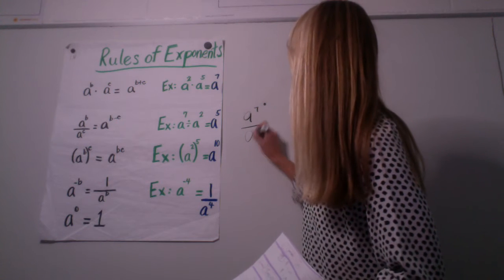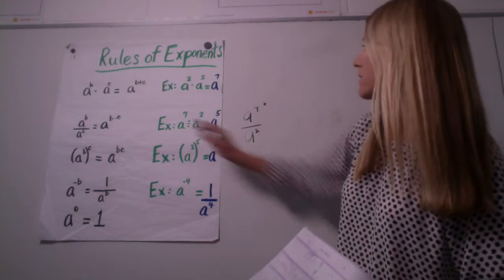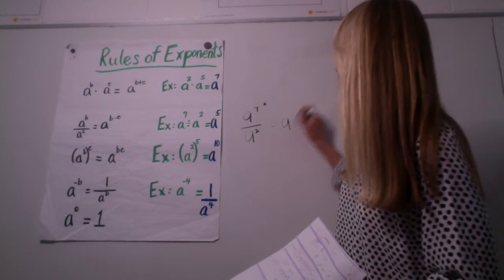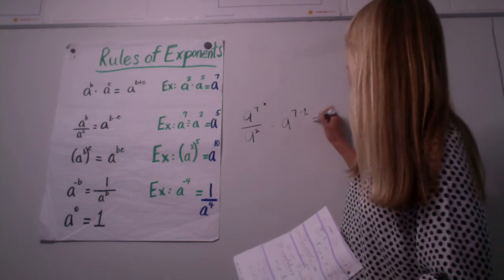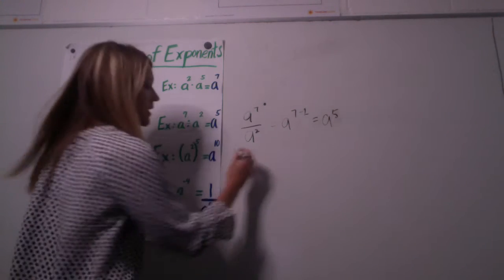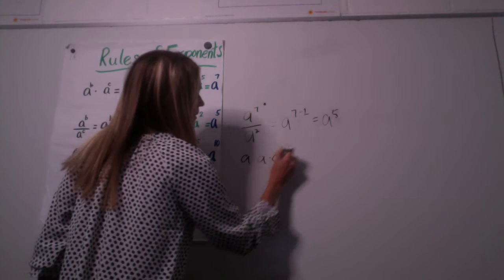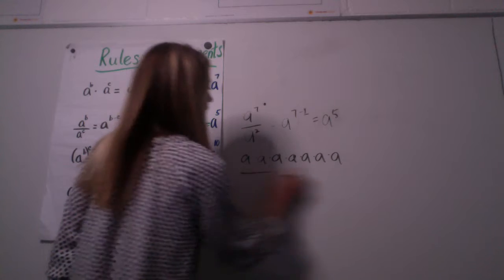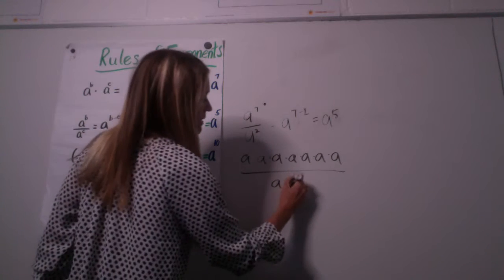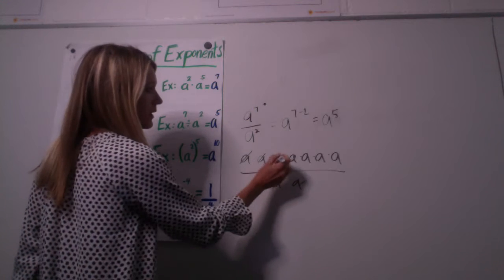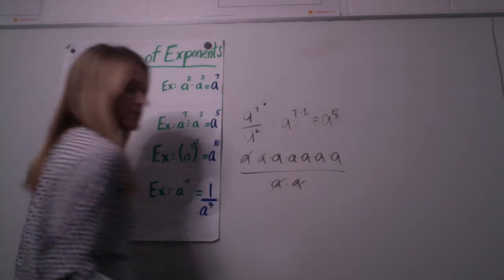So another way of writing that. Either way, if you see it that way or that way, it's the same thing, but you end up with a to the 7 minus 2, which equals a to the fifth, okay? Now, to test this, again, you could draw out 7 a's dividing by 2 a's, and those would cancel out, and then you'd be left with 1, 2, 3, 4, 5 a's, okay?